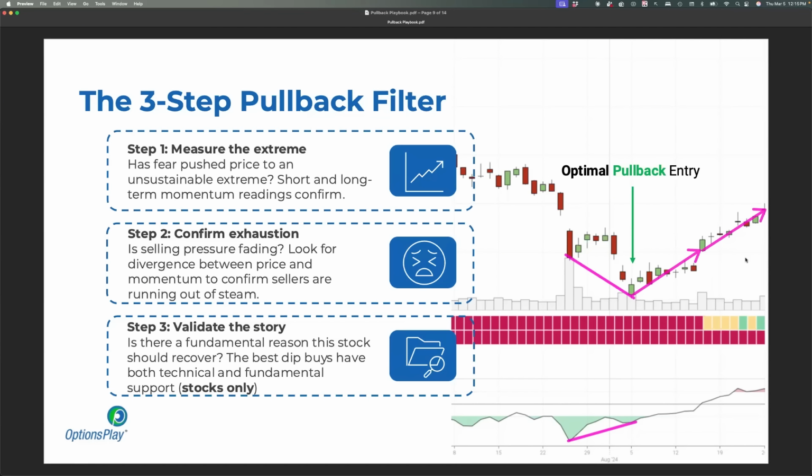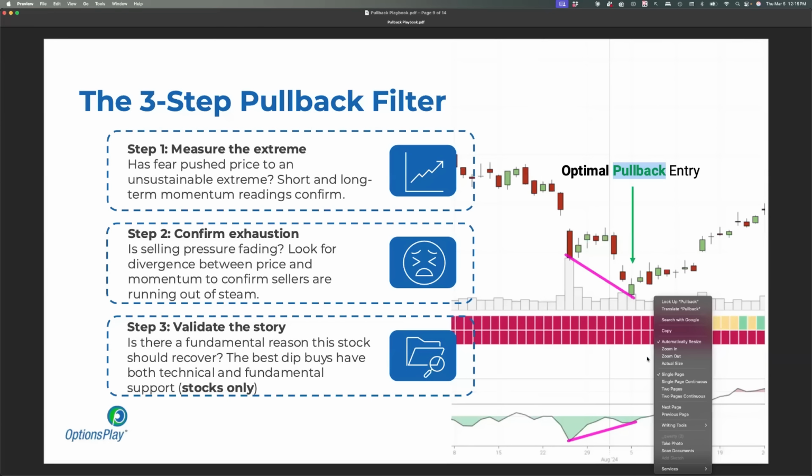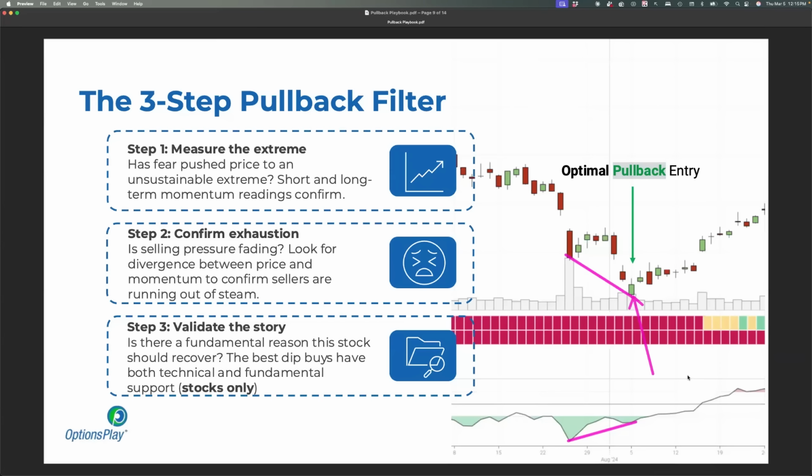And the three-step framework is designed to help you identify stocks where you are as close to this candle as possible. And in many instances, you are actually able to pinpoint the exact candle where the stock reverses.